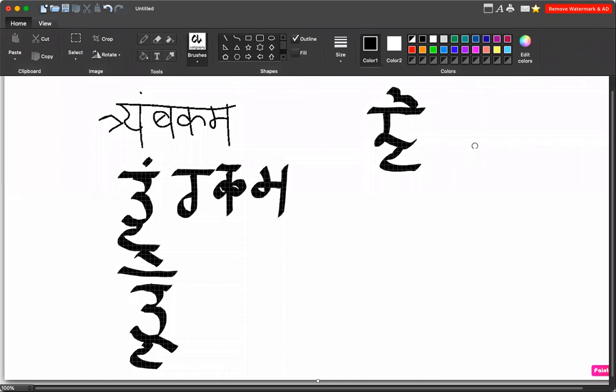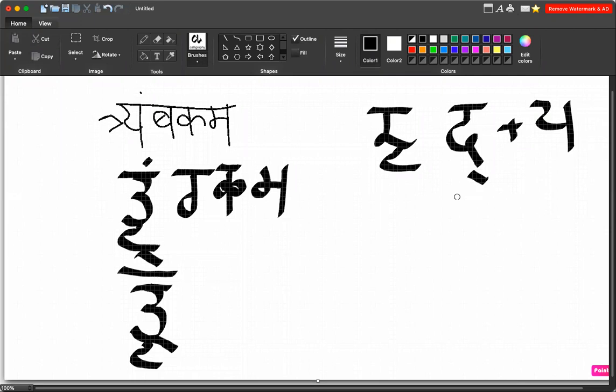So if there is a matra which is coming, for example, if this conjunct here in this case is da and ya, and if it had a matra u, halant and u, then even though the matra is here, if there is a u matra along with it, u will always come below the letter at the bottom, right?